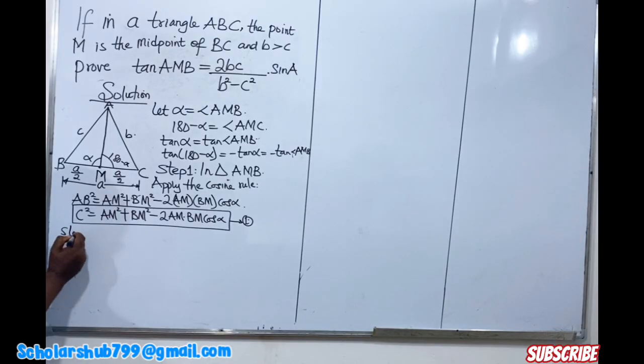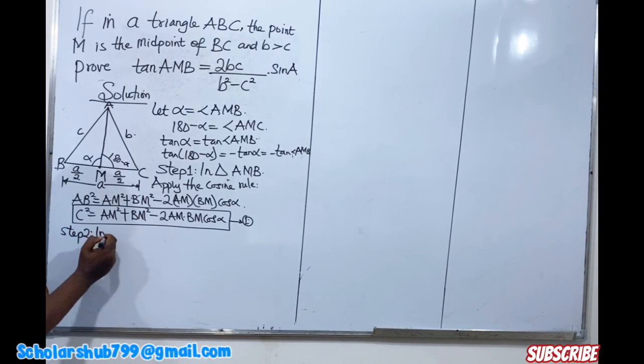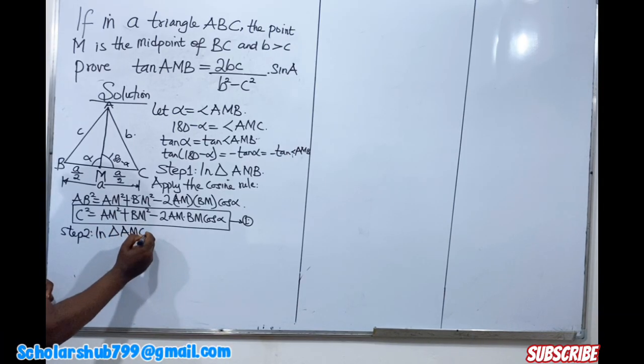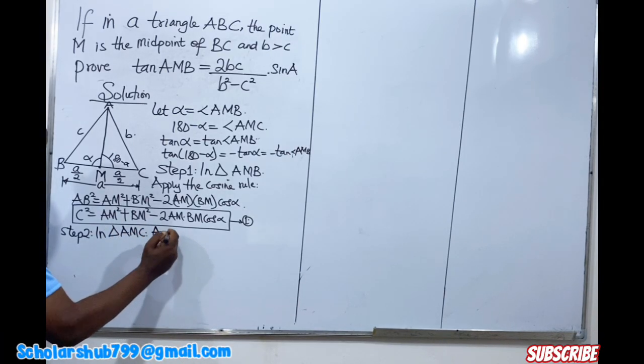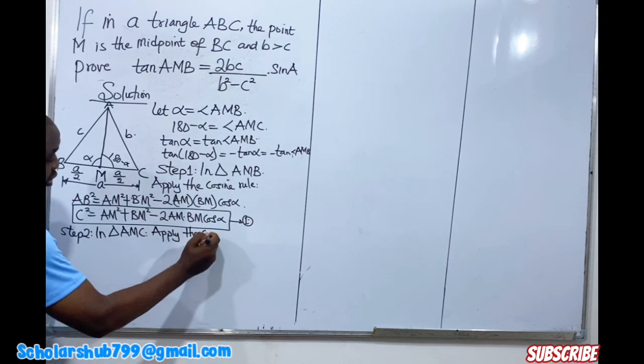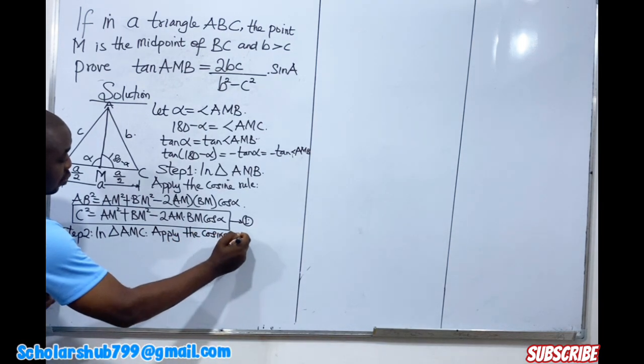All right, so step 2, in triangle AMC, we again apply the cosine rule.